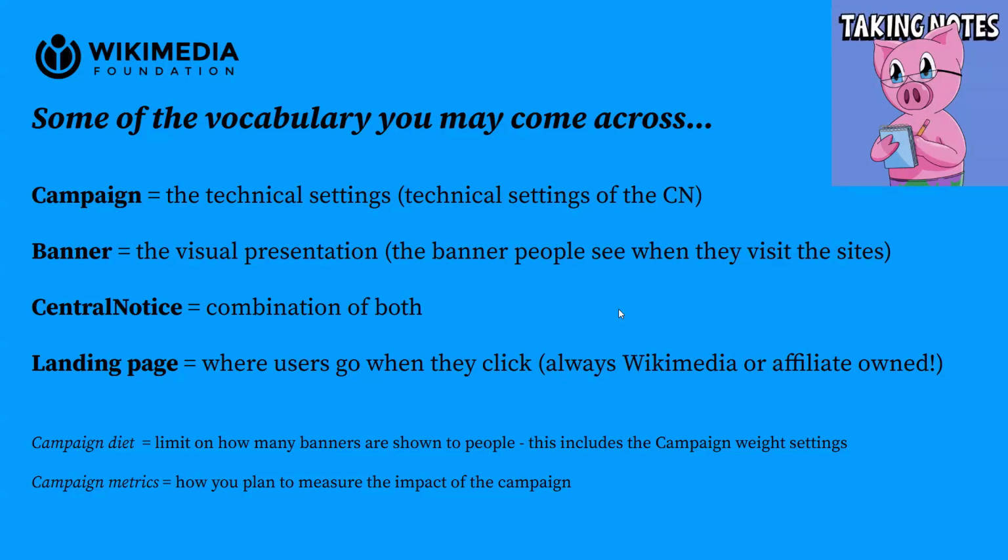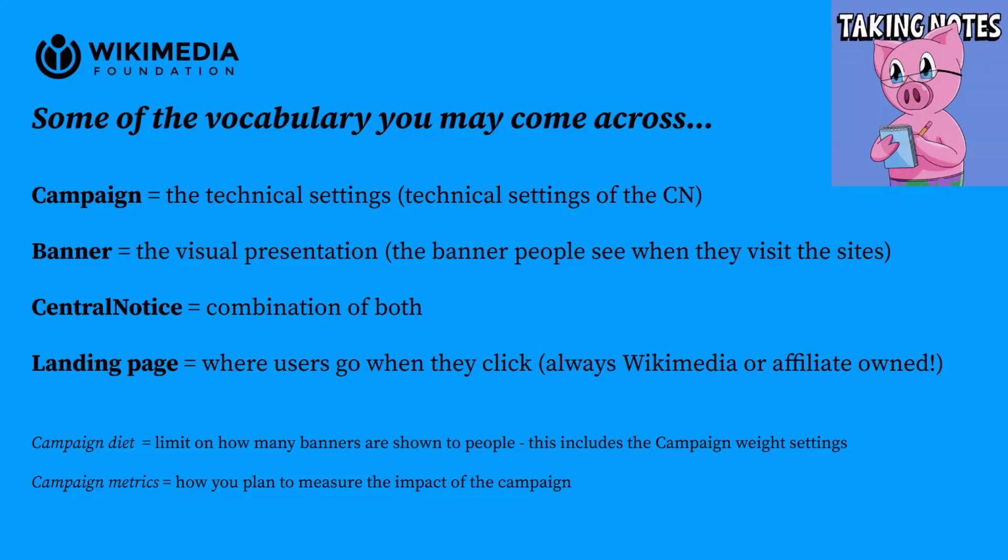So when we speak about a campaign, we speak about the technical settings of a banner: the dates it runs, the countries it targets, the project it targets. The banner is the visual presentation you will see on your computer screen, like those beautiful pictures with the Commons Photograph of the Year, for instance, those rolling banners.